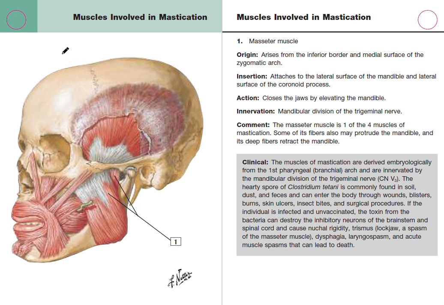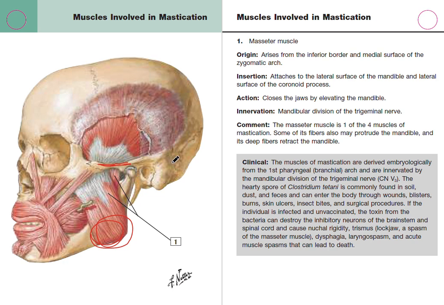Our second muscle of mastication, the masseter, over here. The masseter arises from the inferior border and medial surface of the zygomatic arch, and it inserts into the lateral surface of the mandible and the lateral surface of the coronoid process.